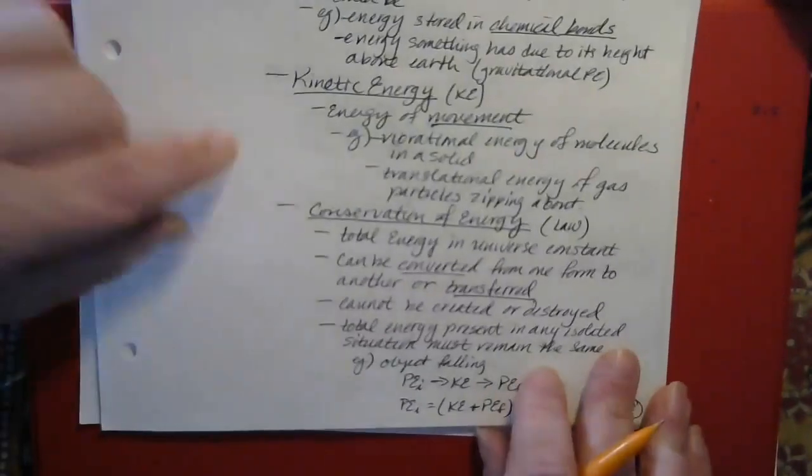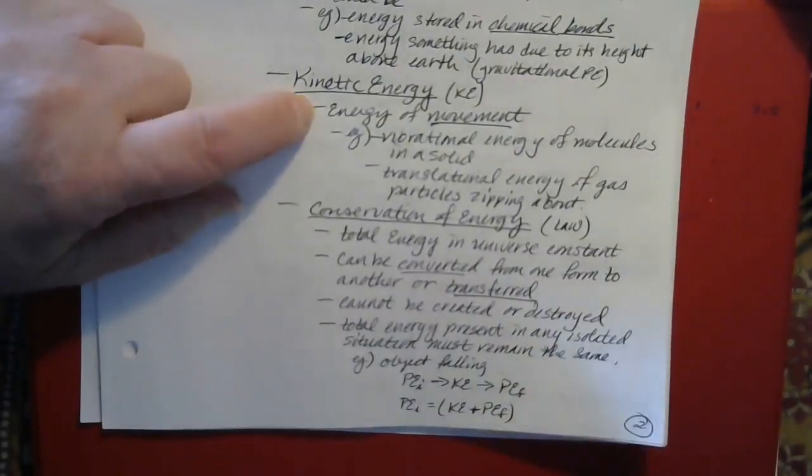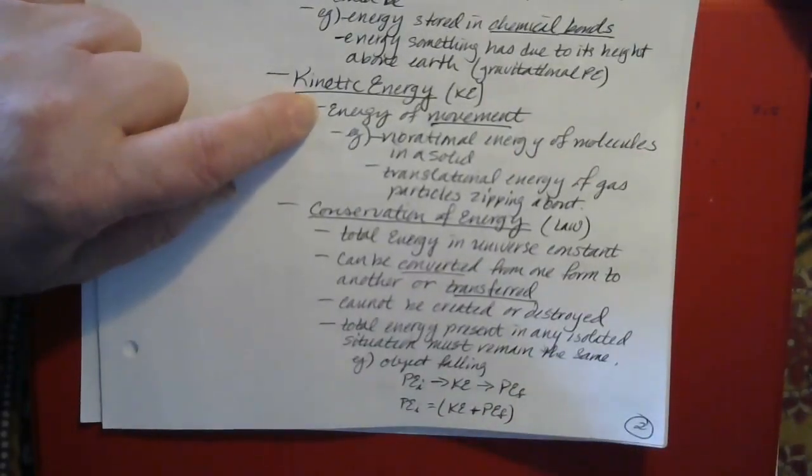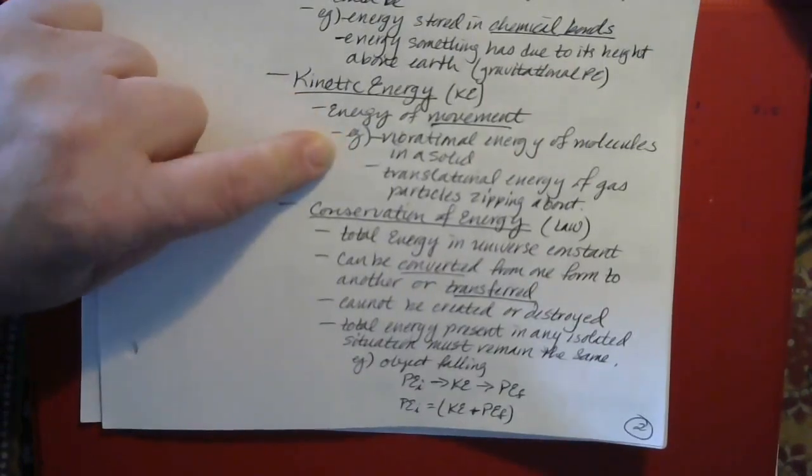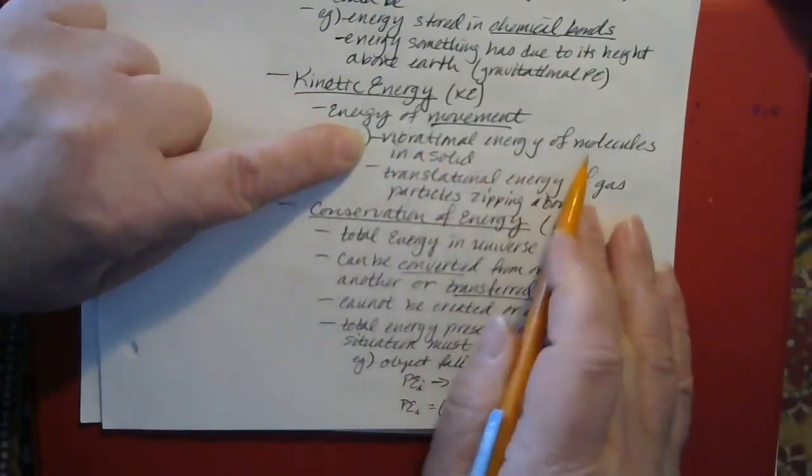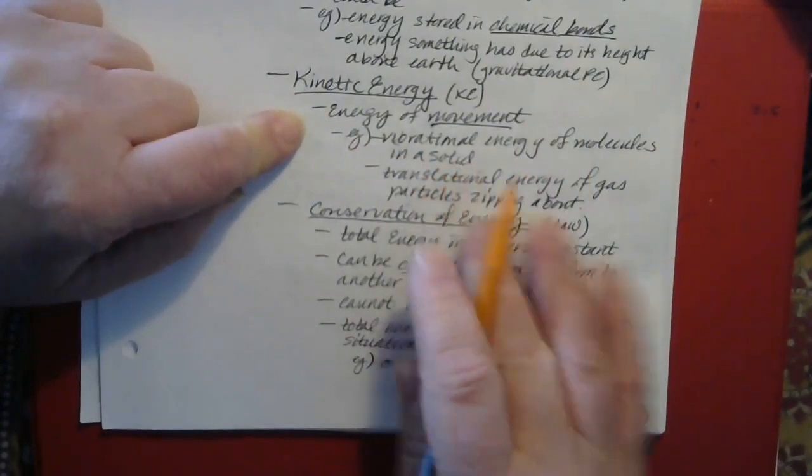Kinetic energy, on the other hand, is energy that has to do with movement. And there are various types of movement that can qualify as kinetic energy. One example would be the vibrational energy that molecules in a solid have.